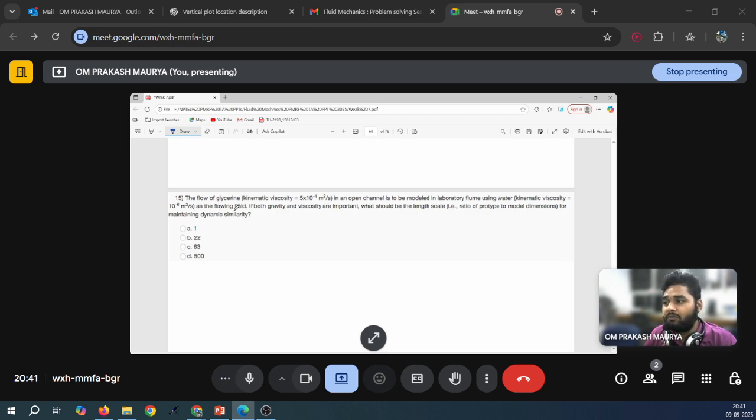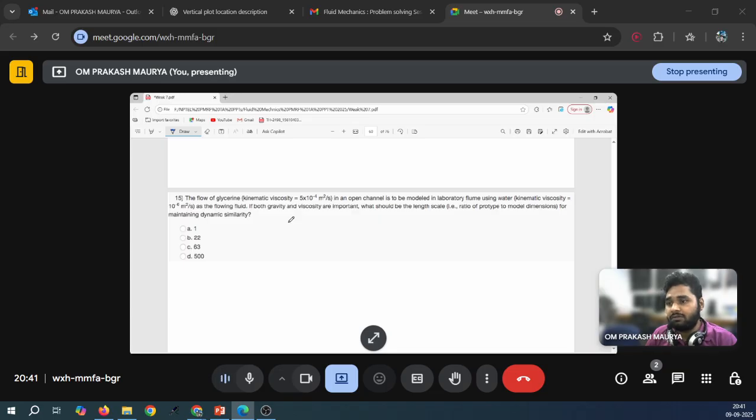If both gravity and viscosity are important, because the condition is given already. Generally in open channel flow we consider gravity only, but here the question already says gravity and viscosity both are important.